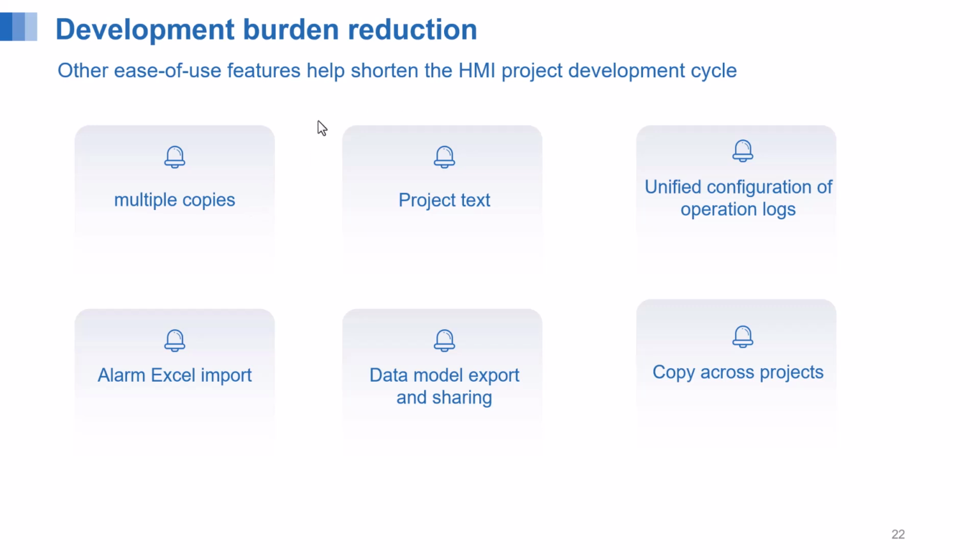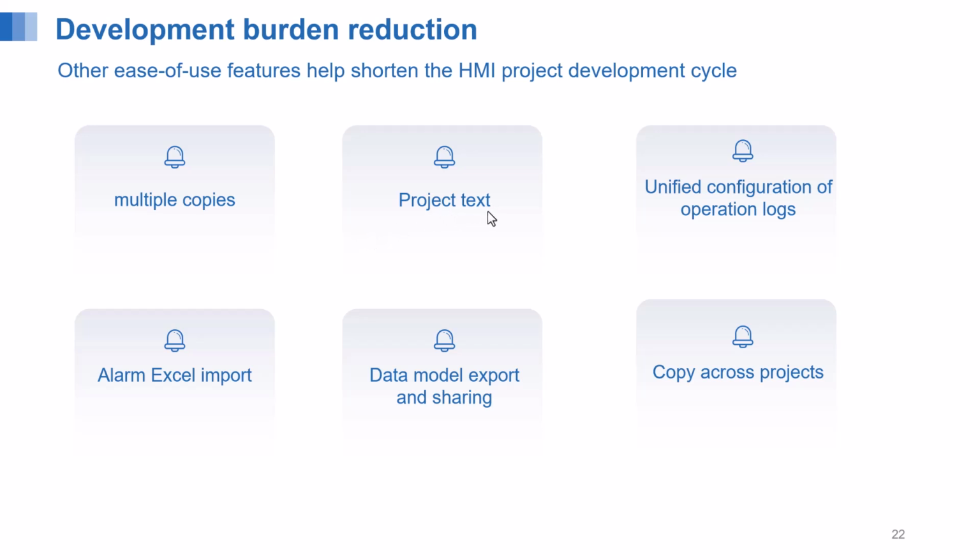Here are some other features to help you shorten the HMI project development cycle. You can use multi-copy to copy one component to many others, to copy many components, same components, and project text.